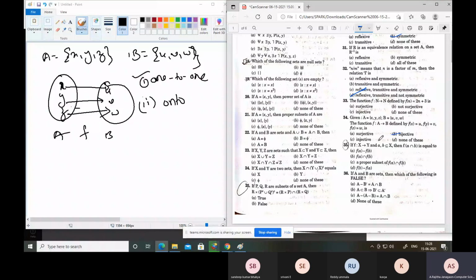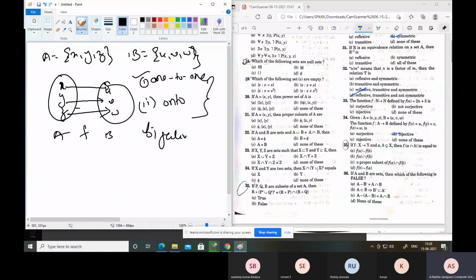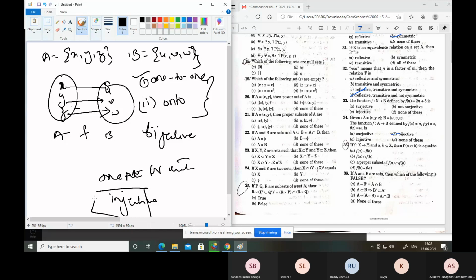Bijective means if the function is both one-to-one and onto, then that function is called a bijective function. If it is one-to-one, that is injective. If it is onto, that is surjective. So here the answer is bijective.